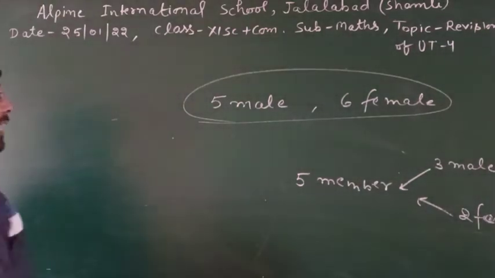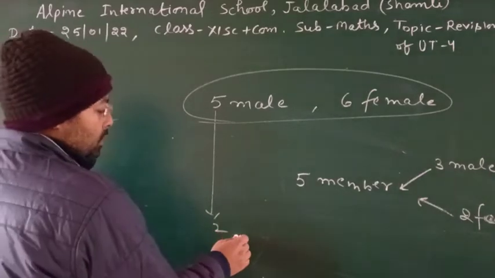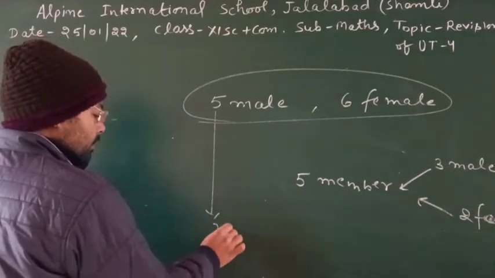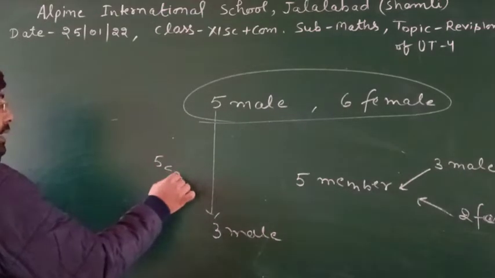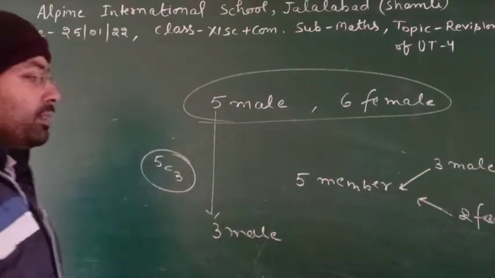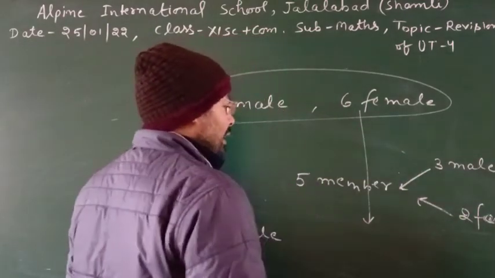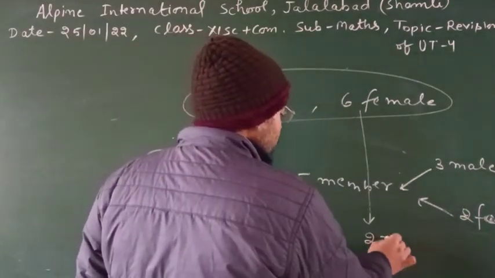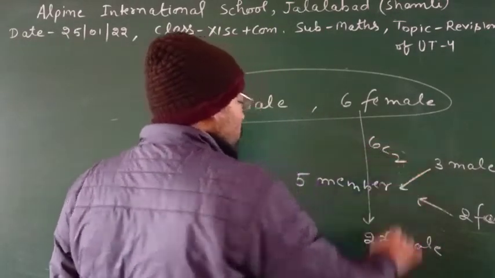So in the last of the question it will be multiplied to each other. So we can write out of 5 male, 3 male members can be selected by 5C3 ways, and 2 female out of 6 female can be selected by 6C2.